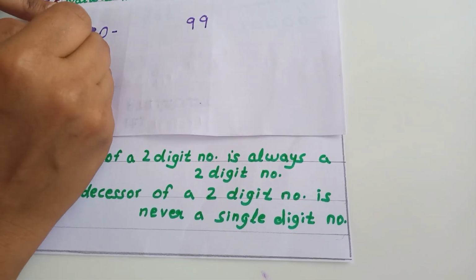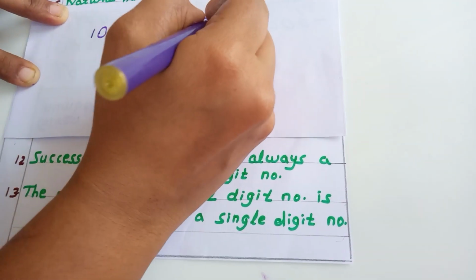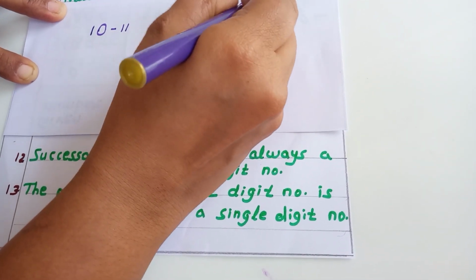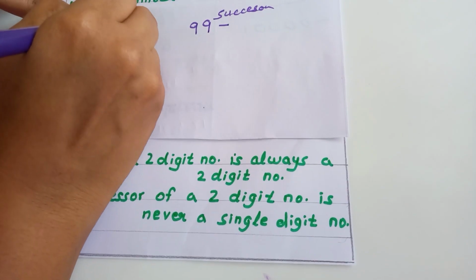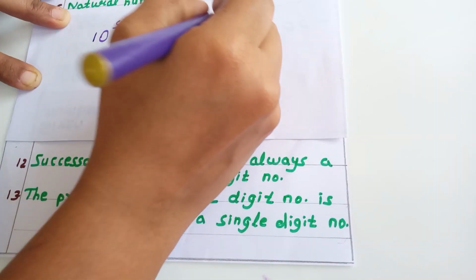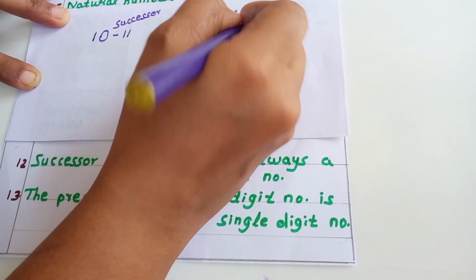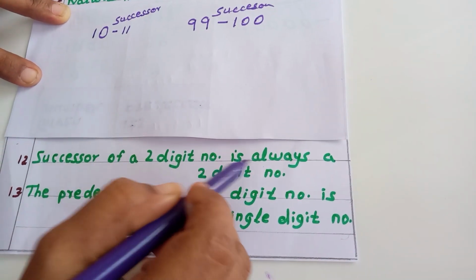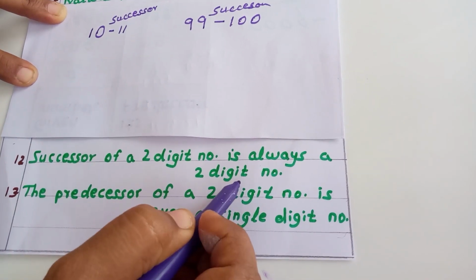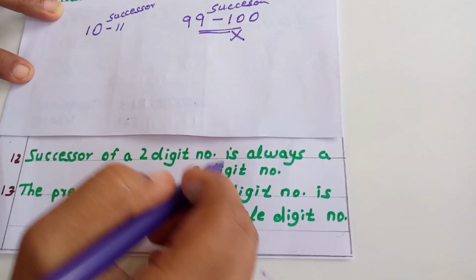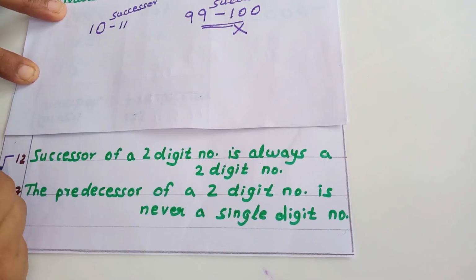The successor of 10 is 11 and the successor of 99 is 100. They are saying that the successor of a 2-digit number is always a 2-digit number. No, here it is not satisfying. So this statement is false.